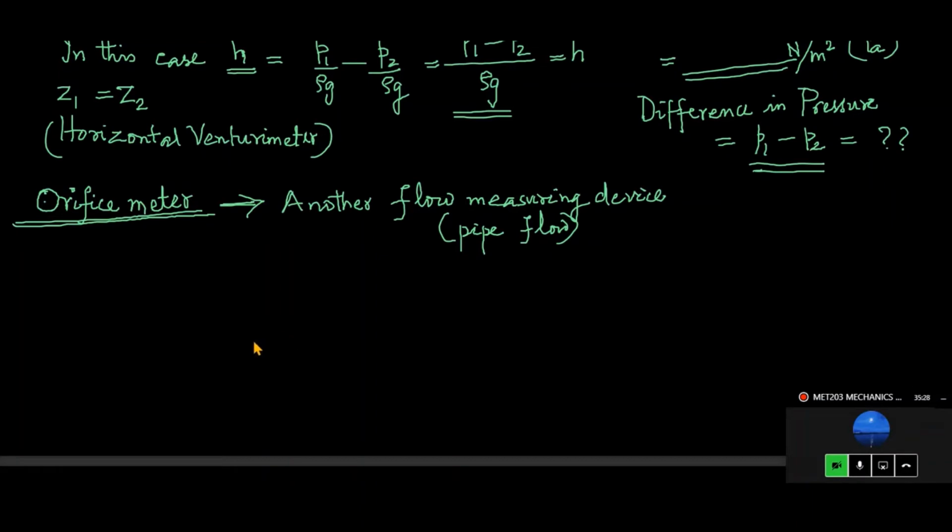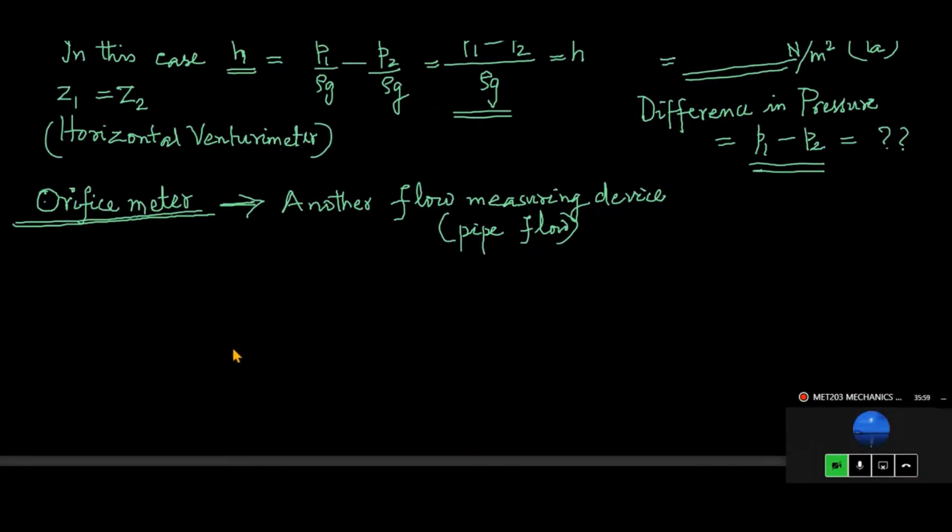See, Venturi is a highly accurate measuring device, and Cd value is very high. And that's a really good one, having a lot of advantages, but it's a costly affair. And also, if you want to install, you have to cut the pipe and then install it. Okay, so it is expensive compared to orifice meter, whereas this orifice meter is a cheaper device, but its accuracy level is not as high as Venturi meter.